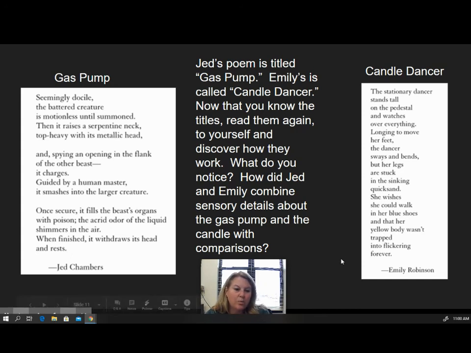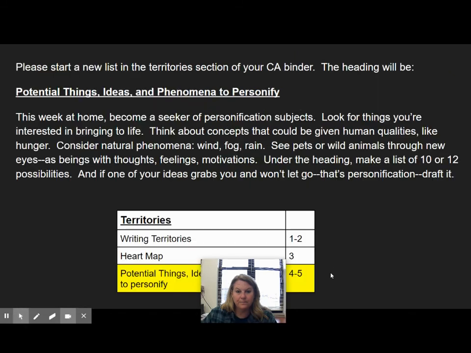She wishes she could walk in her blue shoes, that her yellow body wasn't trapped into flickering forever. So the flickering is referring to the flame, but then we also get some sensory details. Her yellow body, so it's a yellow candle, and her blue shoes, so it's a blue candlestick. So we got sensory details, but we also had personification throughout.